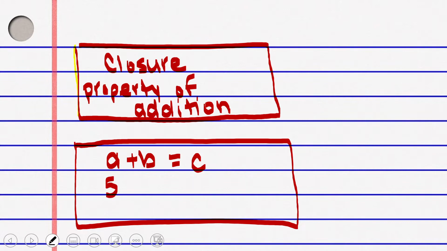So 5 is an integer, 9 is an integer, the answer is an integer. We have the definition and the example on the other side of your card. So make flashcards like this for all the properties. We have 4 more to do.